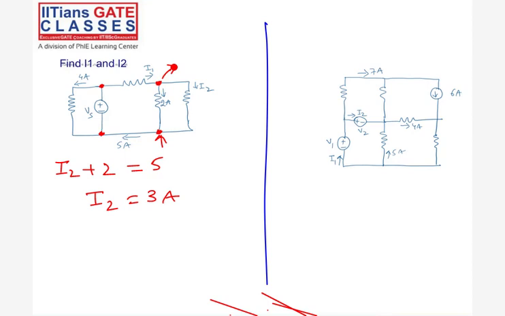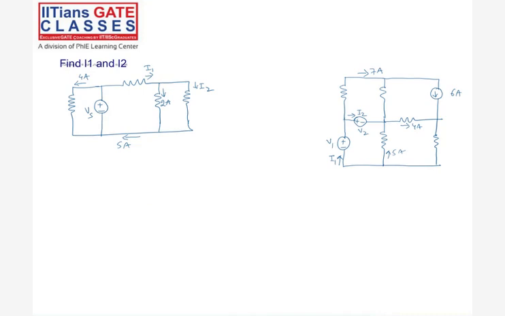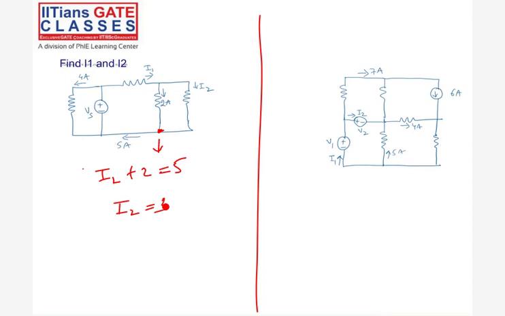At the previous node, we got I2 plus 2 is equal to 5, so I2 is equal to 3 amps. Now at this node, I1 is equal to 2 plus I2. I2 we already know as 3 amperes, so I1 will be 5 amperes.